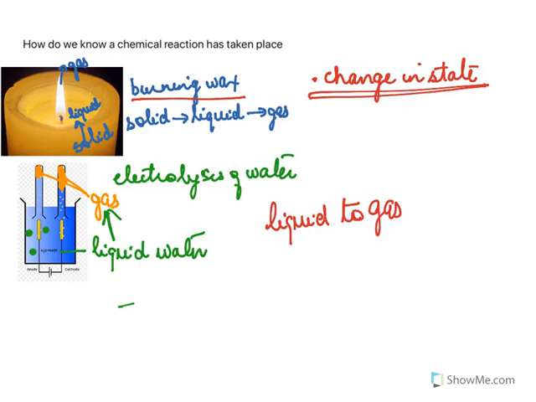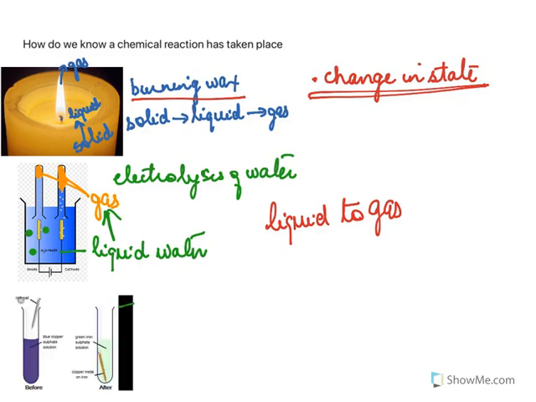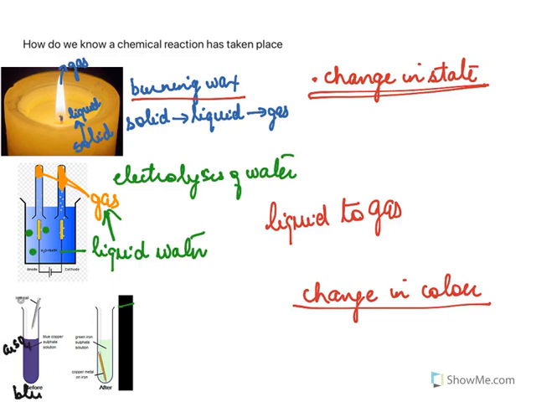The second is when there is a change in color. When there is a change in color, we can say a chemical reaction has taken place. Look up here. Here we have copper sulfate, and it is blue in color.